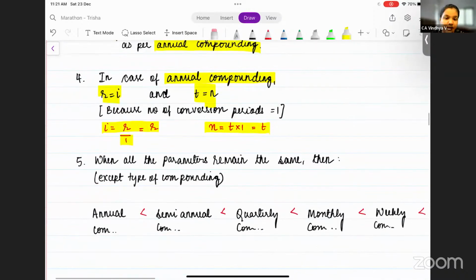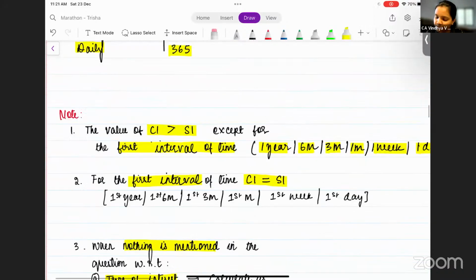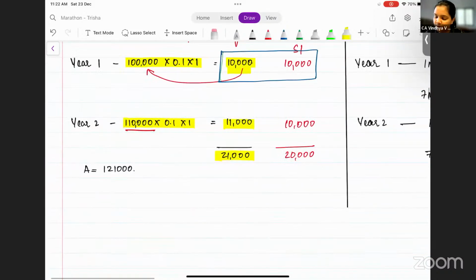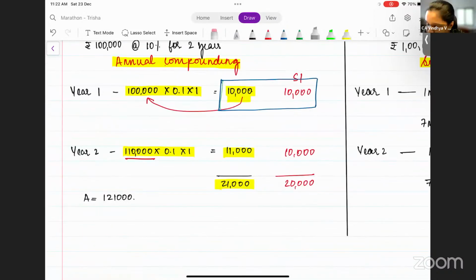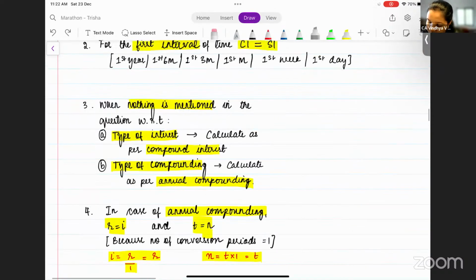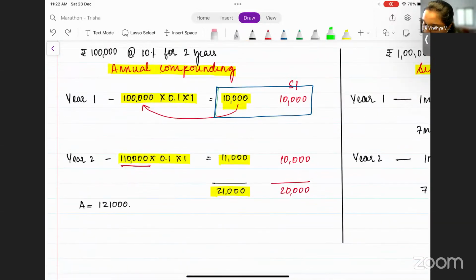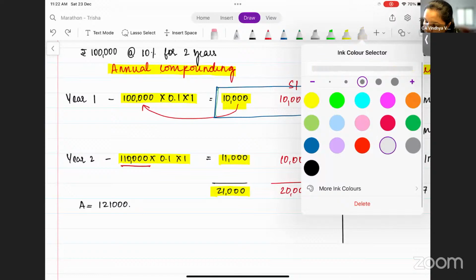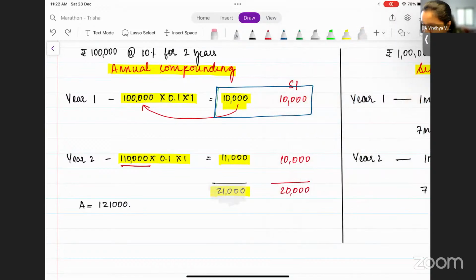Next. When all the parameters remain the same, that means the rate of interest, the time, and the principal, then as the compounding increases, your interest will also increase. How, you ask? Come back to the example. Here, example 1, annual compounding. What was the total interest? 21,000.